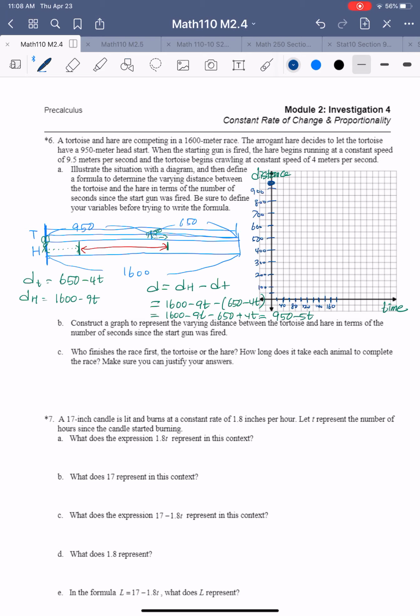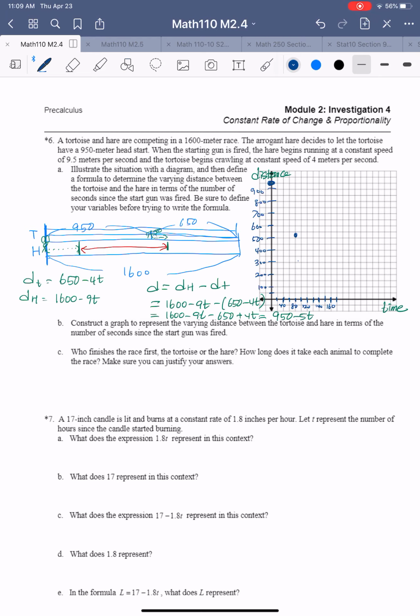And then let's see how many seconds. One second is not that important, so can I just say 80 seconds? So 950 minus 5 times 80 seconds becomes 550. So at 80 seconds, about 550 right here.